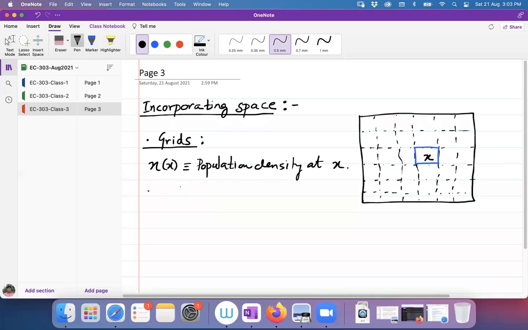Consider what we call a very extreme case where N of X does not interact with anything outside its grid.